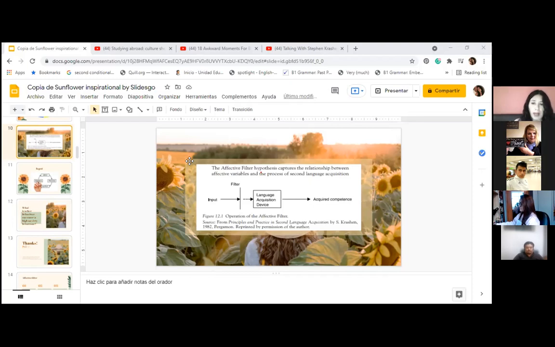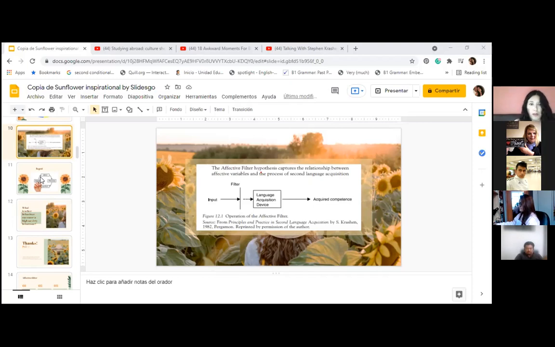To sum up, according to Krashen, there are two conditions that are necessary for language acquisition: a comprehensible input and also a low or weak affective filter.